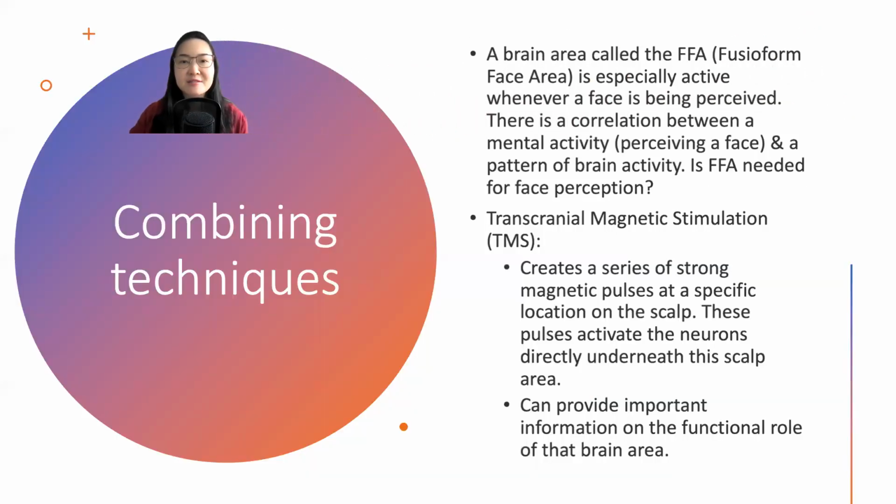Combining techniques. A brain area called the FFA, or fusiform face area, is especially active whenever a face is being perceived. There is a correlation between a mental activity, perceiving a face, and a pattern of brain activity. The question is: is the FFA needed for face perception?